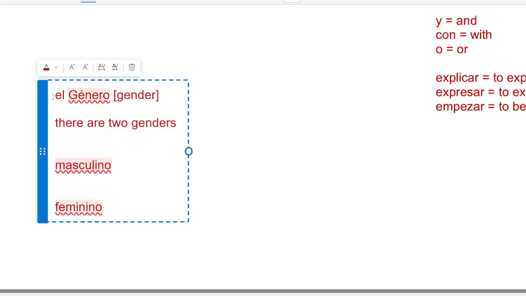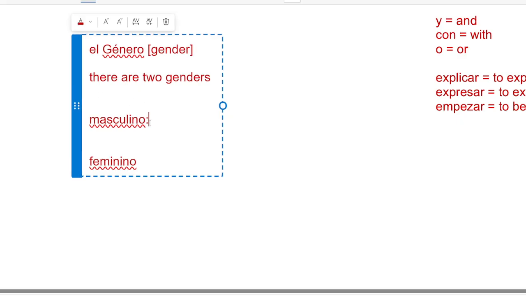Now, masculine or masculino, they mostly end in o, okay? Mostly, most of the time, and feminine, they end in e, okay?